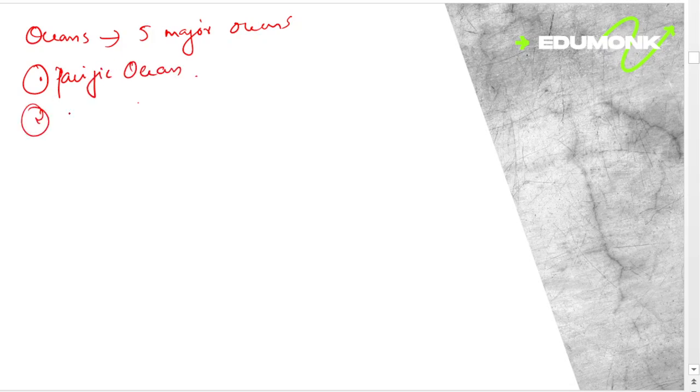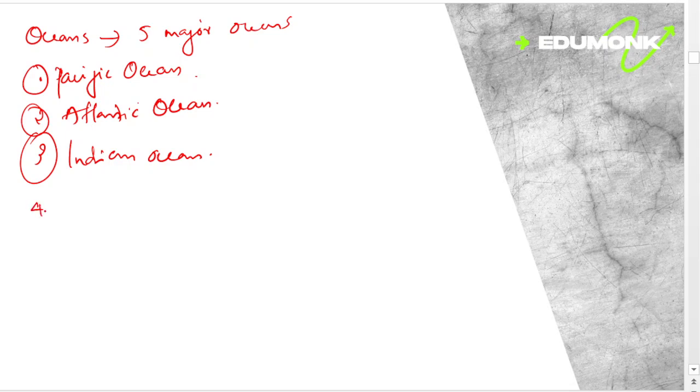Second one is Atlantic Ocean. Third one is Indian Ocean. Fourth one is Southern Ocean. And fifth one is Arctic Ocean.